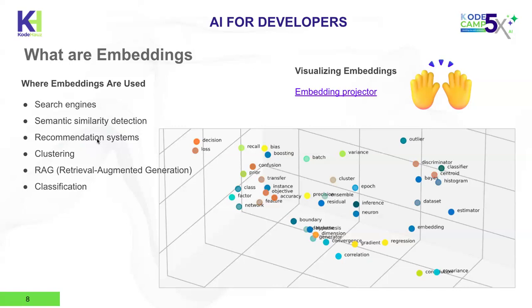Then recommendation systems. Recommendation systems are one of the best at using embeddings, because what happens in a recommendation system is that your preferences are converted into embeddings. Embeddings can actually represent your preferences. So for example, you watch movies on Netflix.